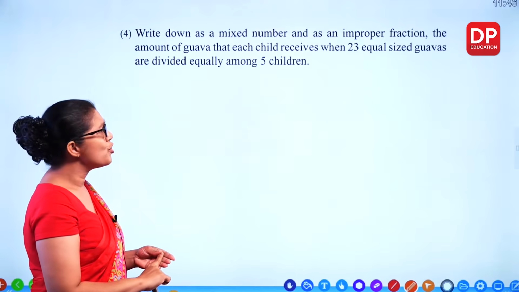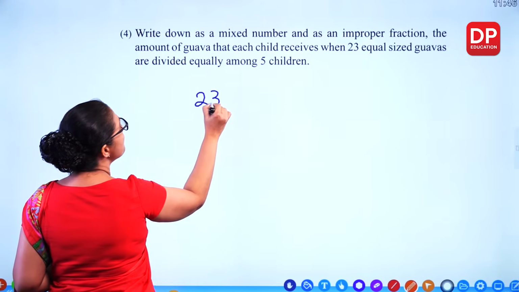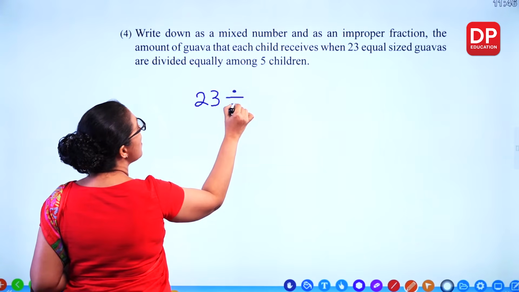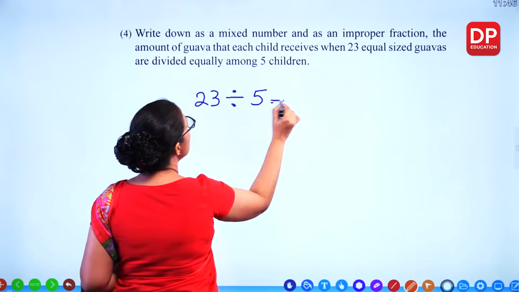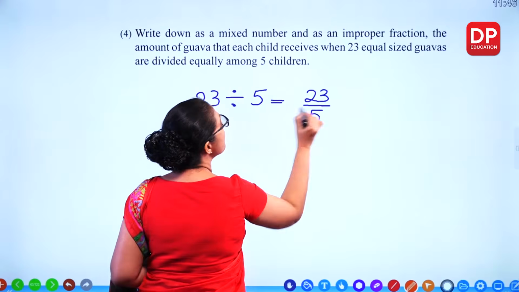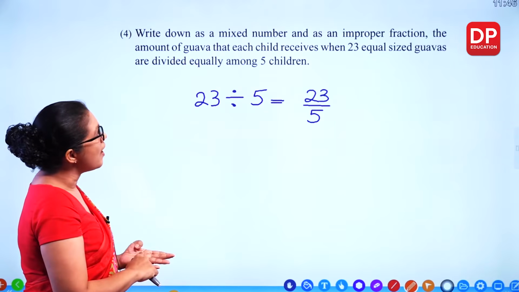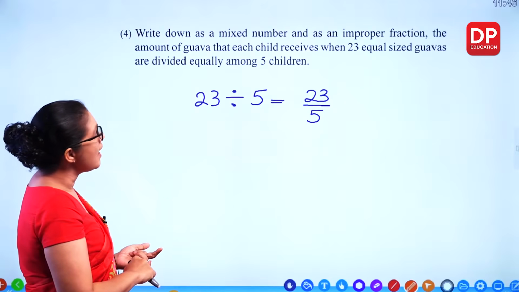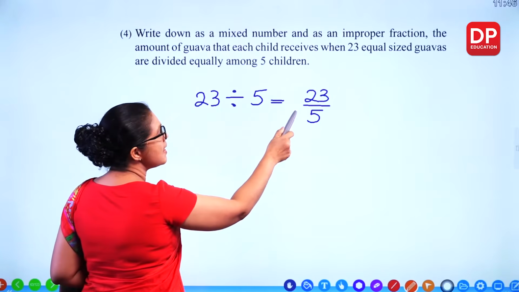So what you use? You have to use division. 23, you have to divide by 5. So in terms of this, you can use 23/5. So what they ask is this one as an improper fraction as well as a mixed number. So what is this? This is an improper fraction.